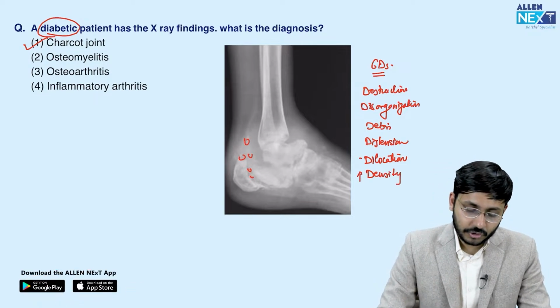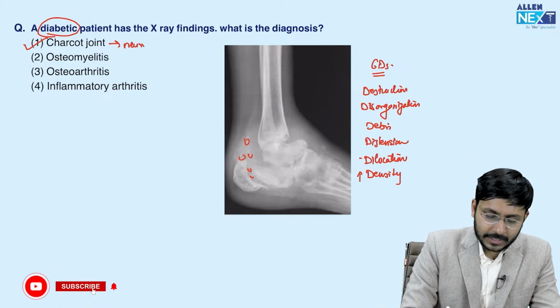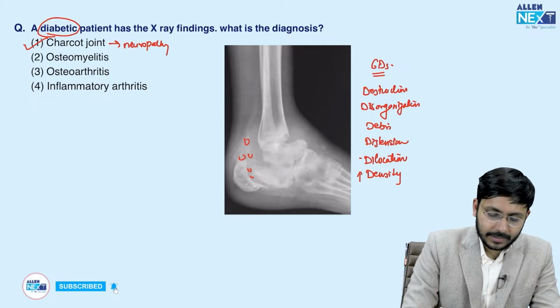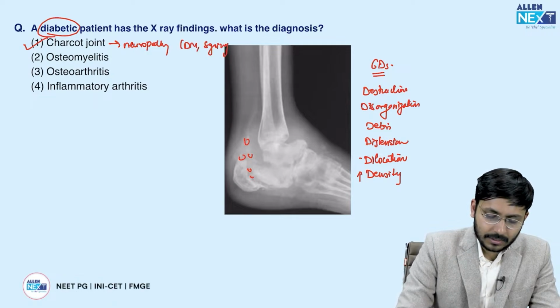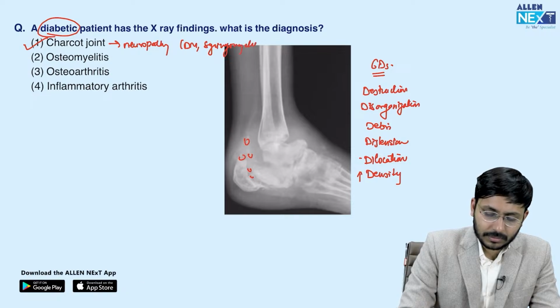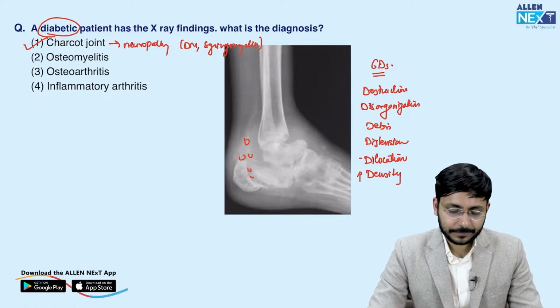These are the 6 Ds associated with Charcot's joint, and it is mainly seen in any neuropathy. So be it diabetes, be it syringomyelia, be it peripheral neuropathy, all these will have Charcot's joint.